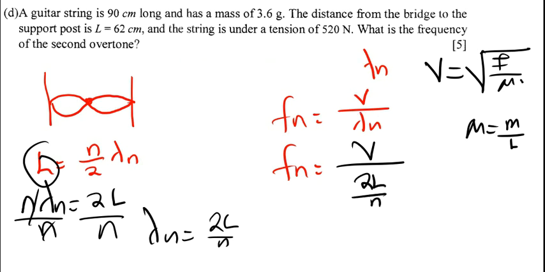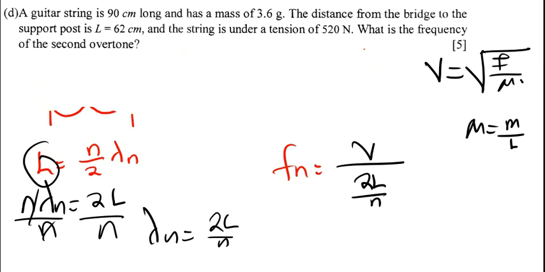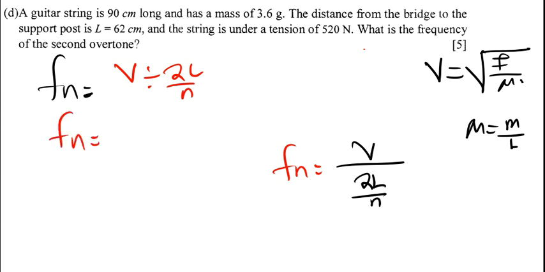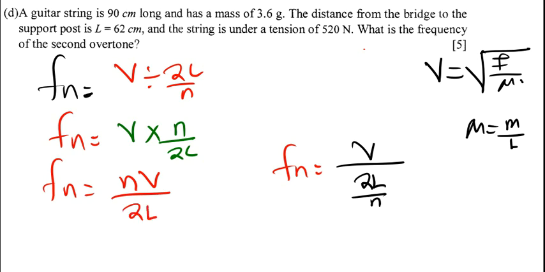I end up having the fundamental frequency equal to V divided by 2L over n, which is the same as V times n divided by 2L, which is the same as nV divided by 2L. Now this is the formula I want us to use.